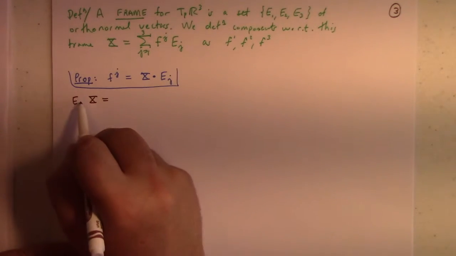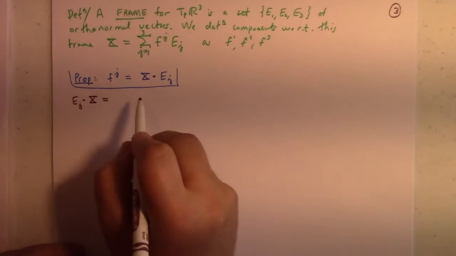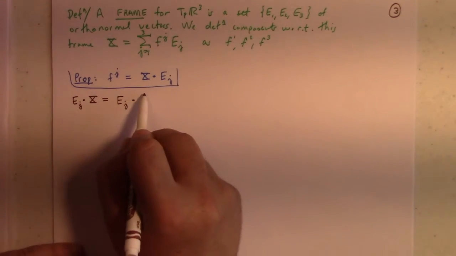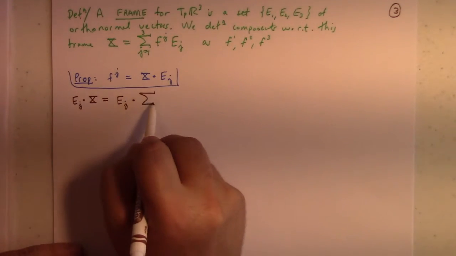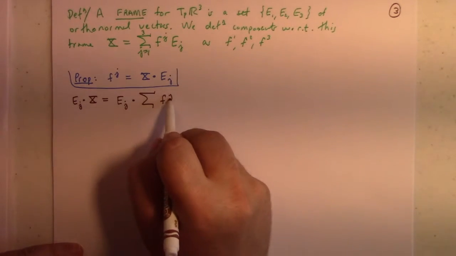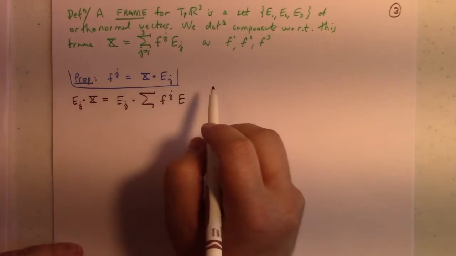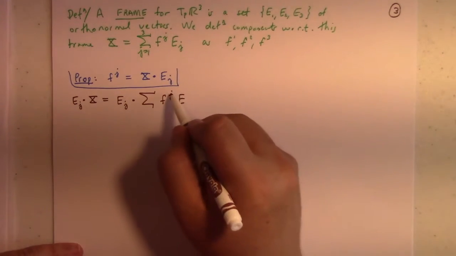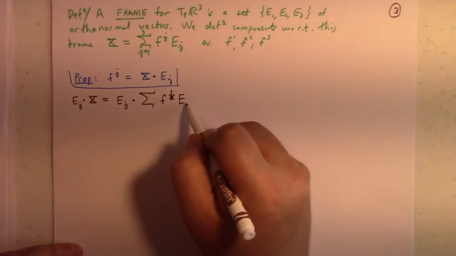So E J dotted with the sum of f upper k. Bad form, shouldn't really use j for both of these things, so let's say k.